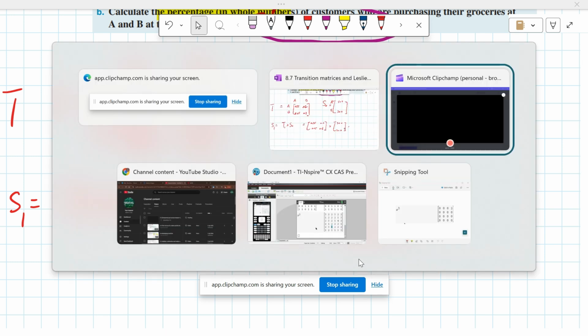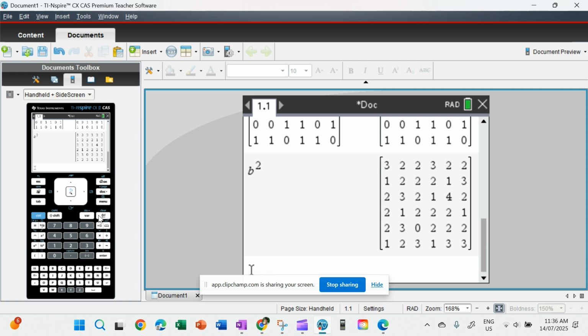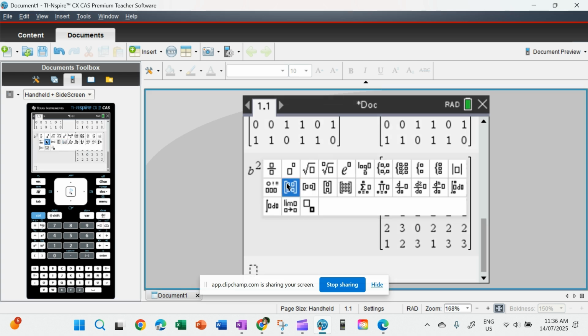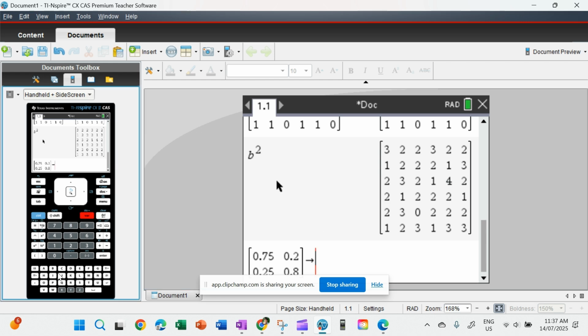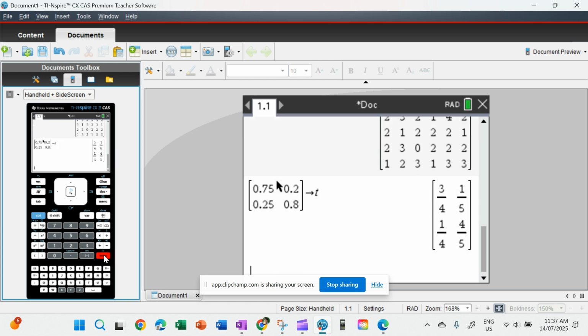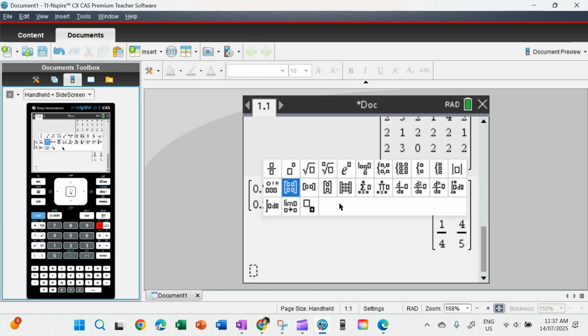I make a 2 by 2 matrix: 0.75, 0.25, 0.2, 0.8, and store it as T.